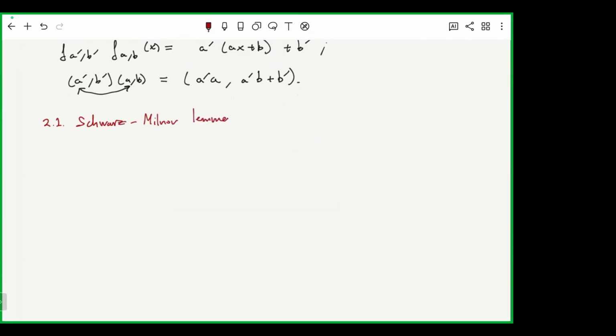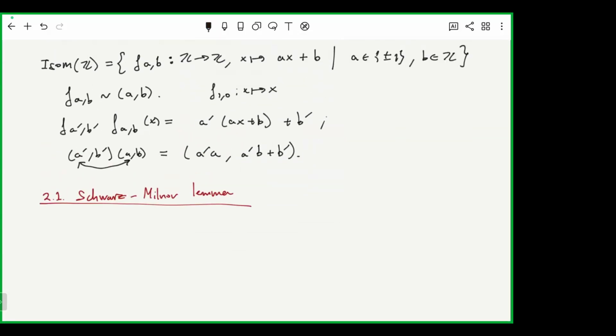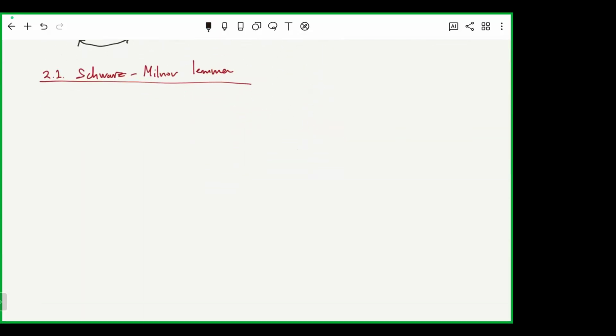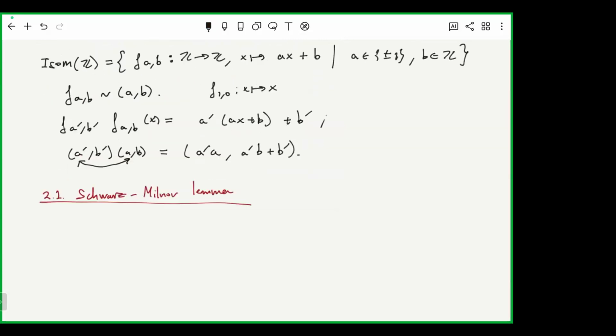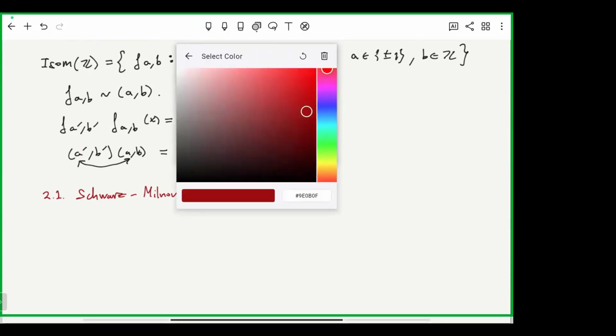So this lemma, I will just say, and then we will see examples. It's about how to relate a group to a space when there is a good enough action of this group on the space.